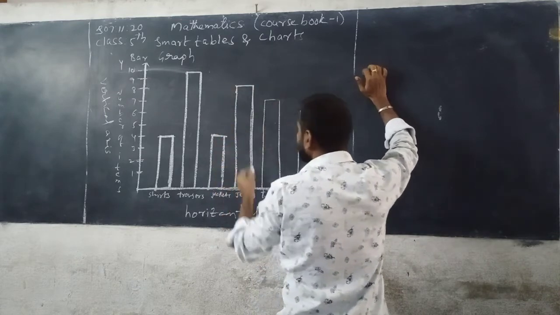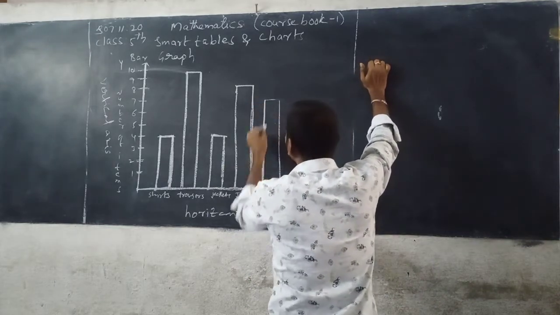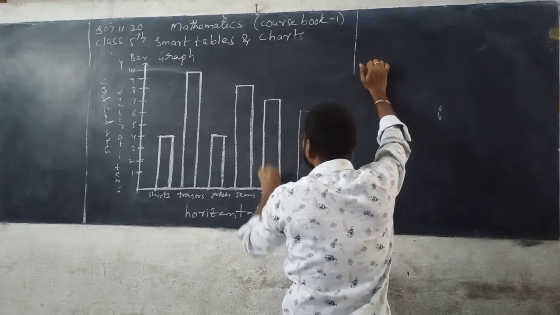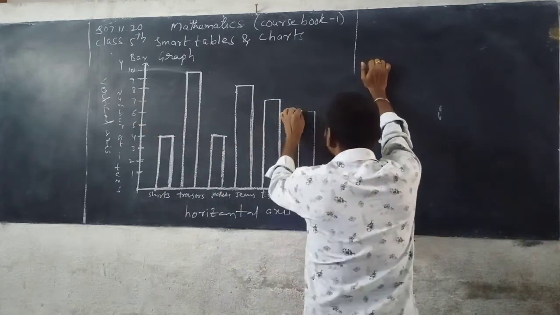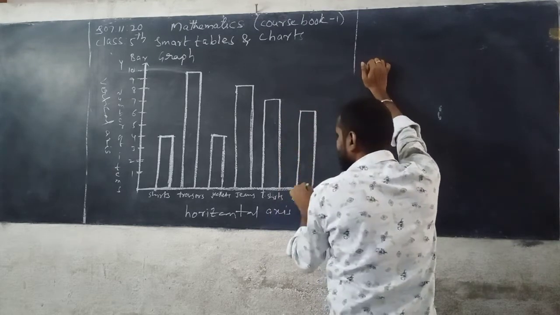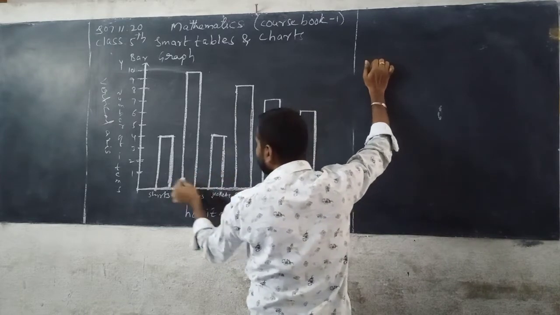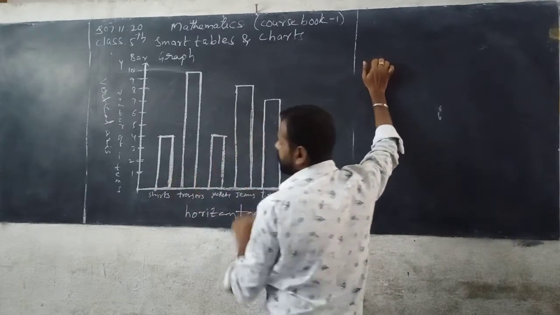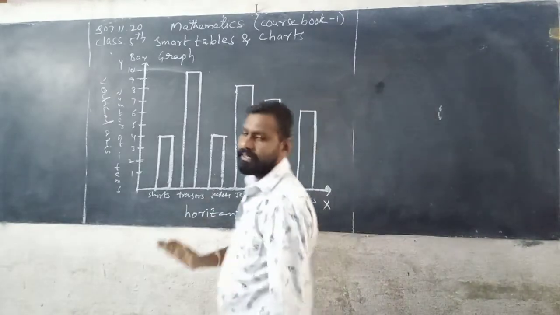Here, t-shirts, how many? 7. So this bar is equal to 7. Now next, belts. Here belts 6. Did you observe? In each graph the width should be equal in length.